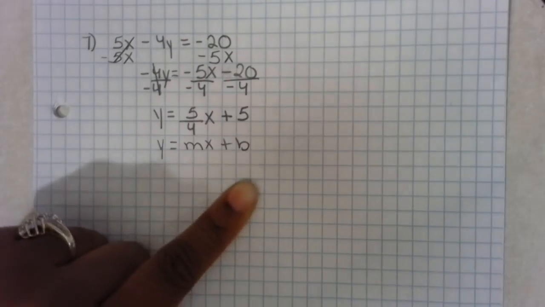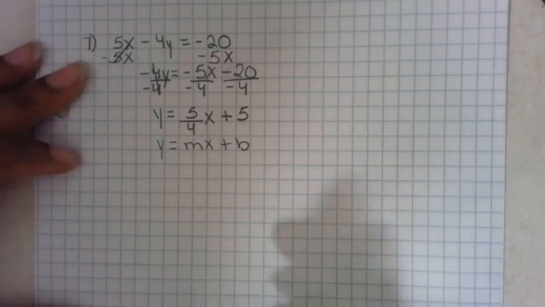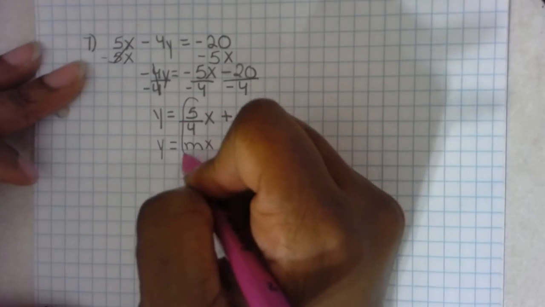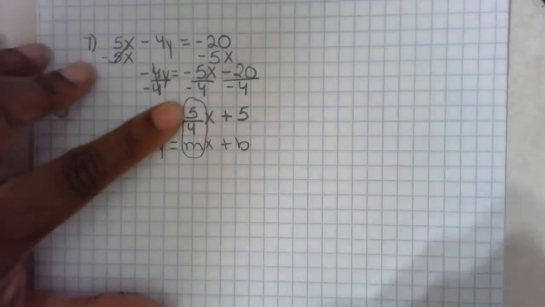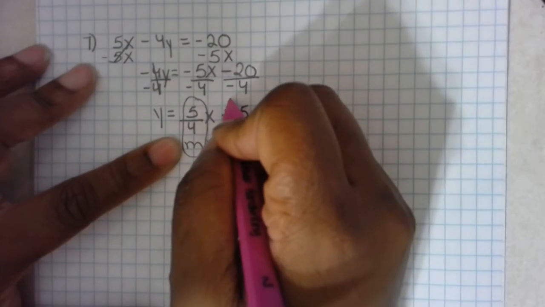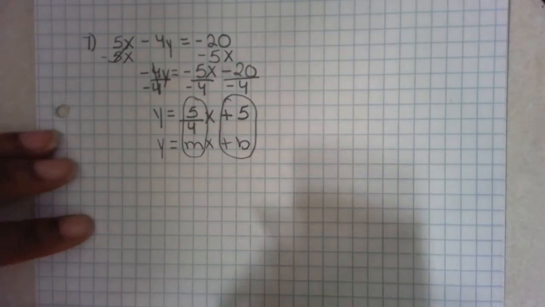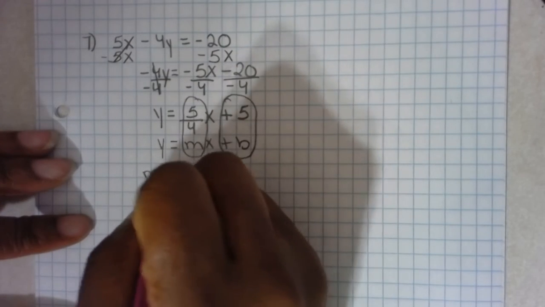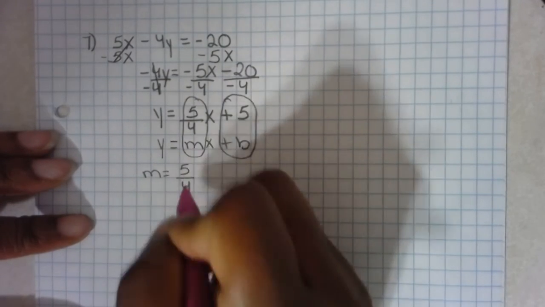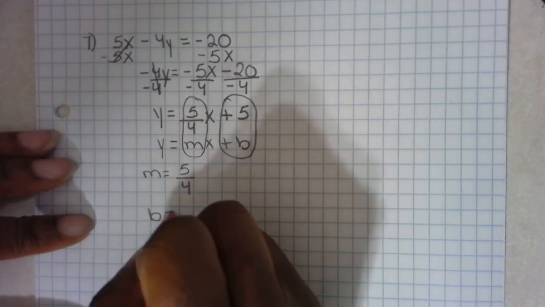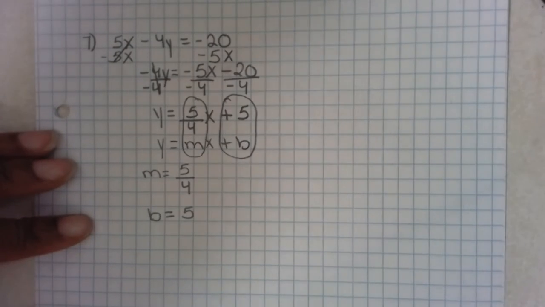So I'm going to go ahead and write my slope-intercept form equation underneath it. That means 5/4 is my slope and positive 5 is my y-intercept. So m equals 5/4, b equals 5.